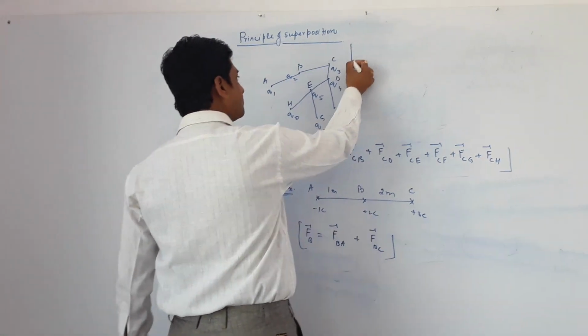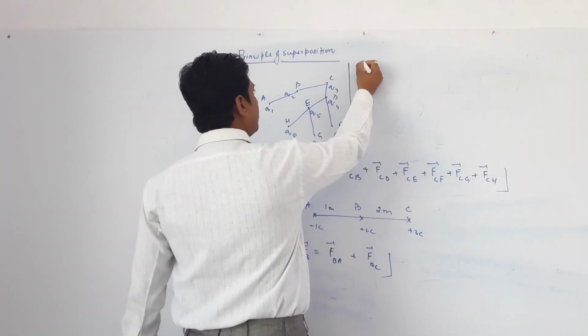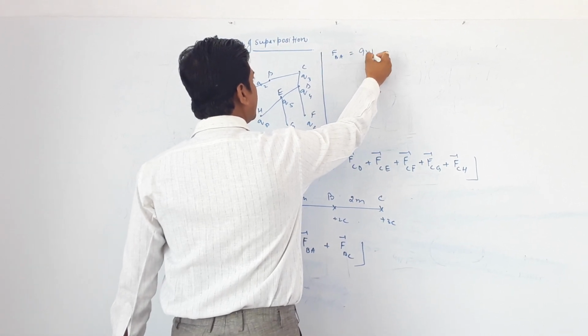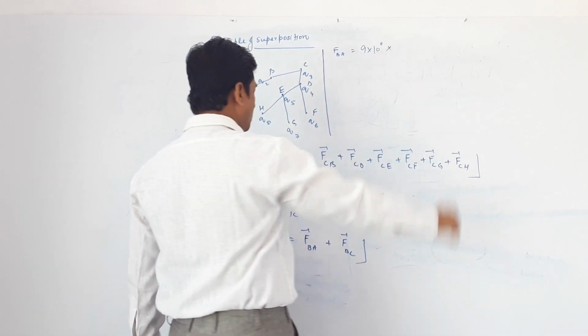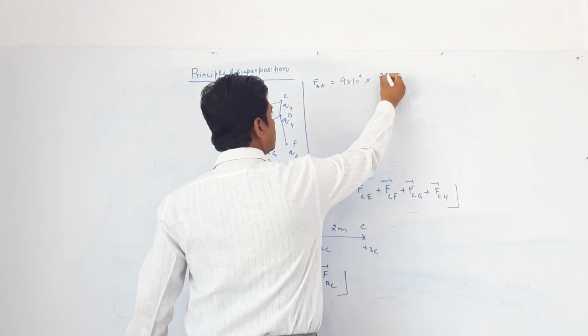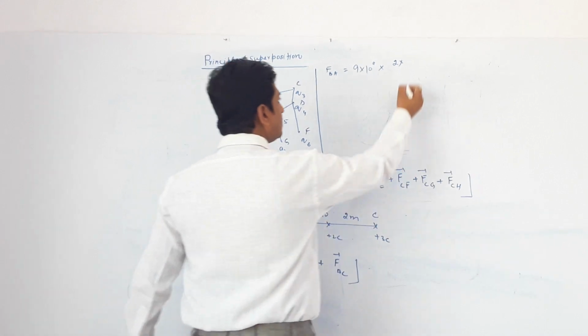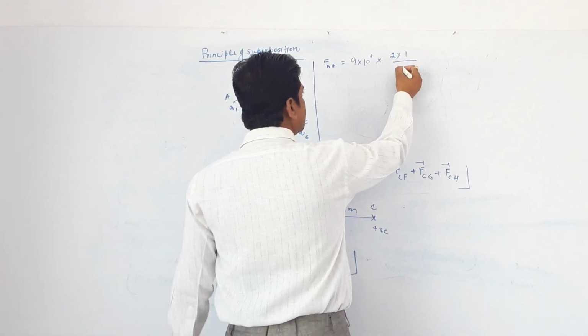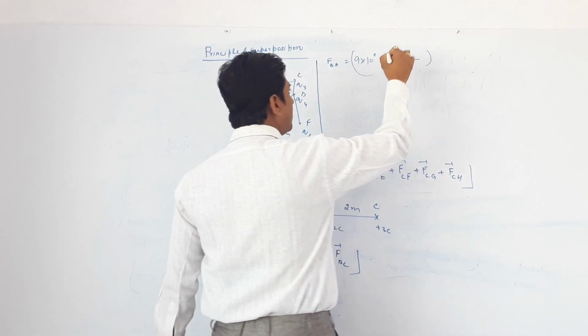FBA we are going to calculate by Coulomb's law: 9 into 10 to the power 9 into the charges of B and A, that is 2 and 1, upon distance square, means 1 meter, this is 1 square. Now what is the direction?